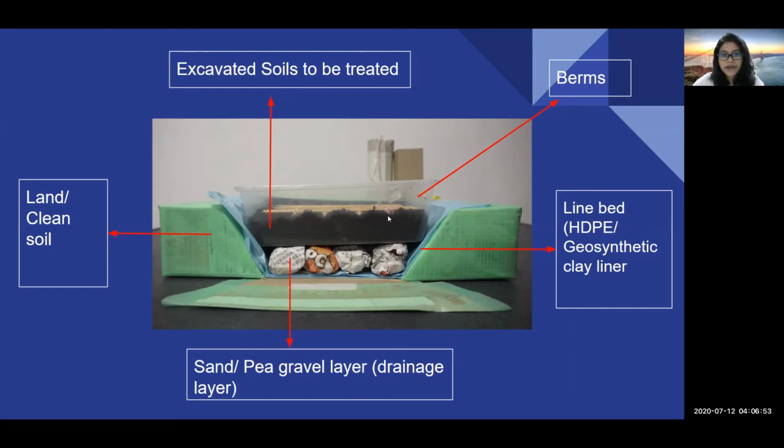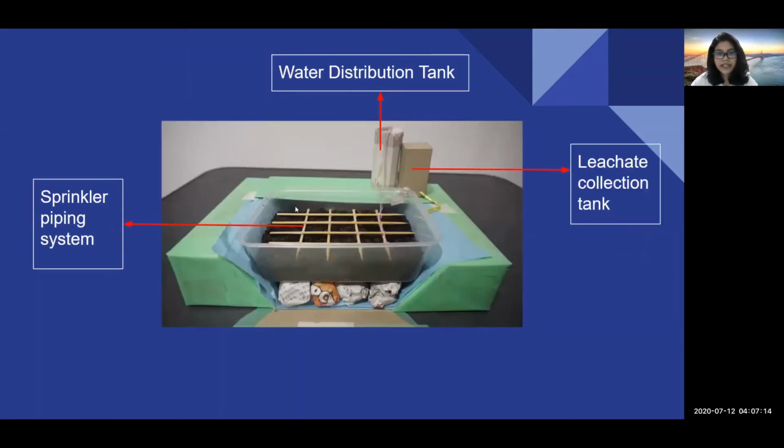And this layer is the excavated soil that is to be treated. And this is the berm. The berm is raised along the perimeter of the treatment area, as we can see right here.